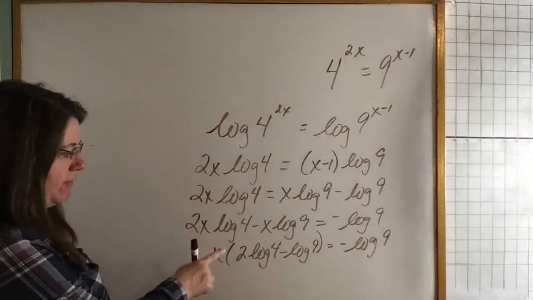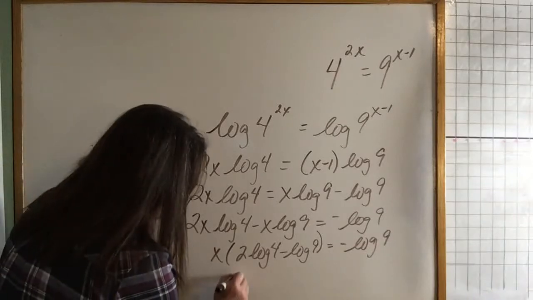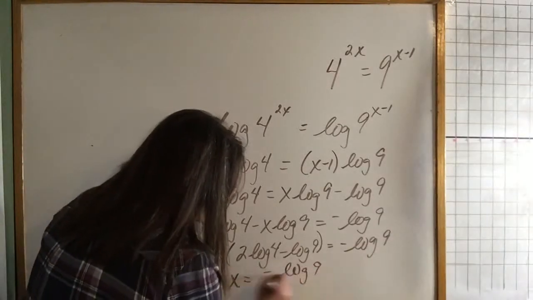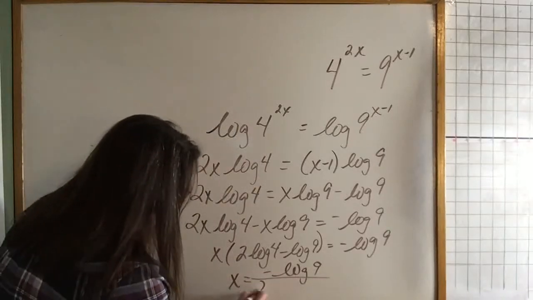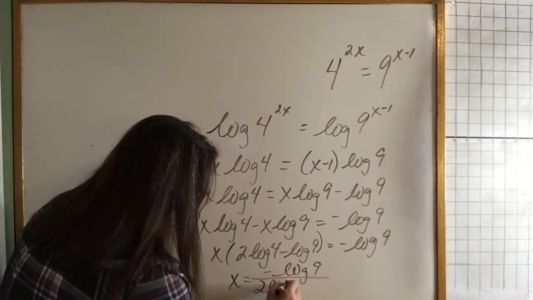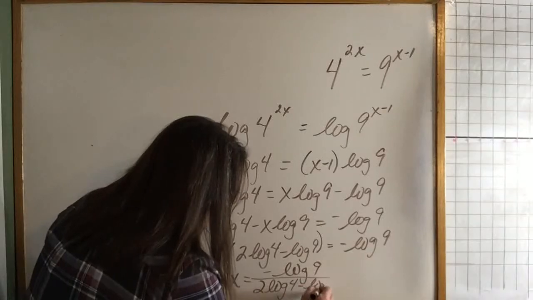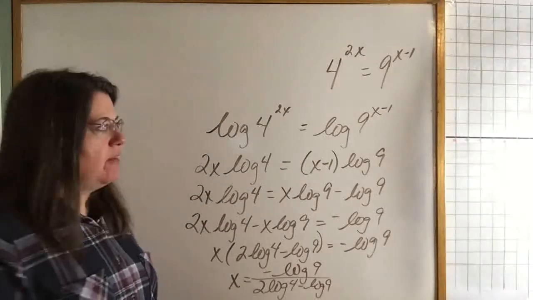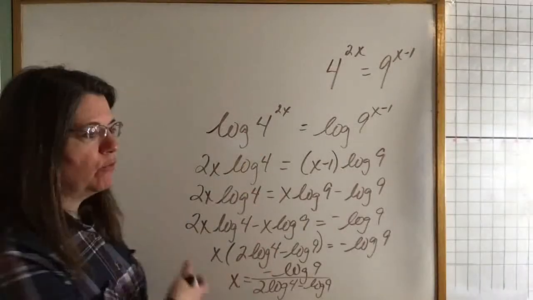Then I divide by everything that is not x. So I've got x equals negative log 9 divided by 2 log 4 minus log 9.